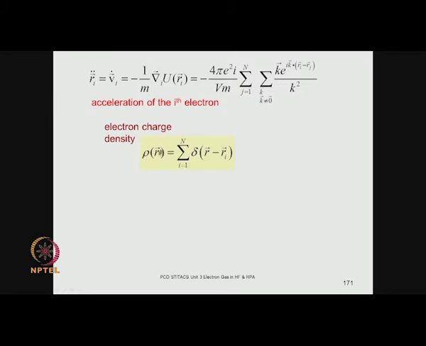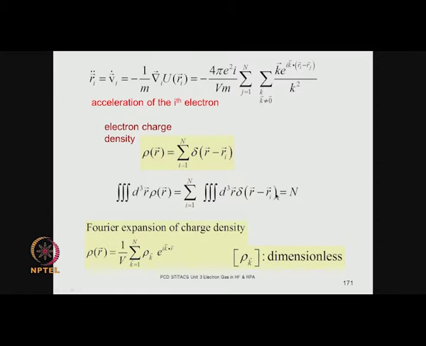What is the electron charge density? We had this relation earlier with us. We know that when you integrate this charge density, you get the total number of electrons. We discussed this. We have the Fourier expansion of the charge density in terms of the Fourier components rho k, which in our system of equations is dimensionless.